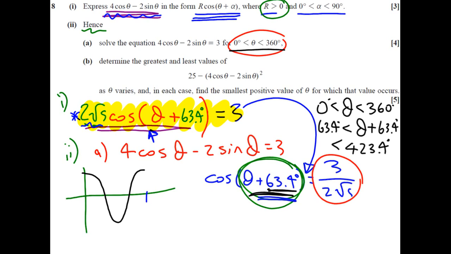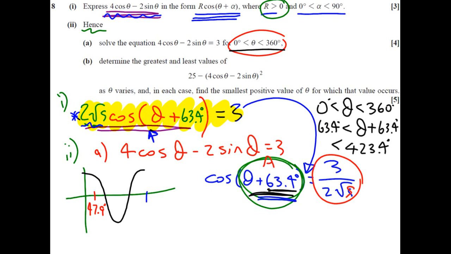Sorry about the handwriting there. I might just make that a bit neater for you. That's definitely a 5. And we get 47.9 degrees, 47.86, etc. So to one decimal place, 47.9. So our answer for, let's call it A for angle. Okay, our answer for our first angle is 47.9.